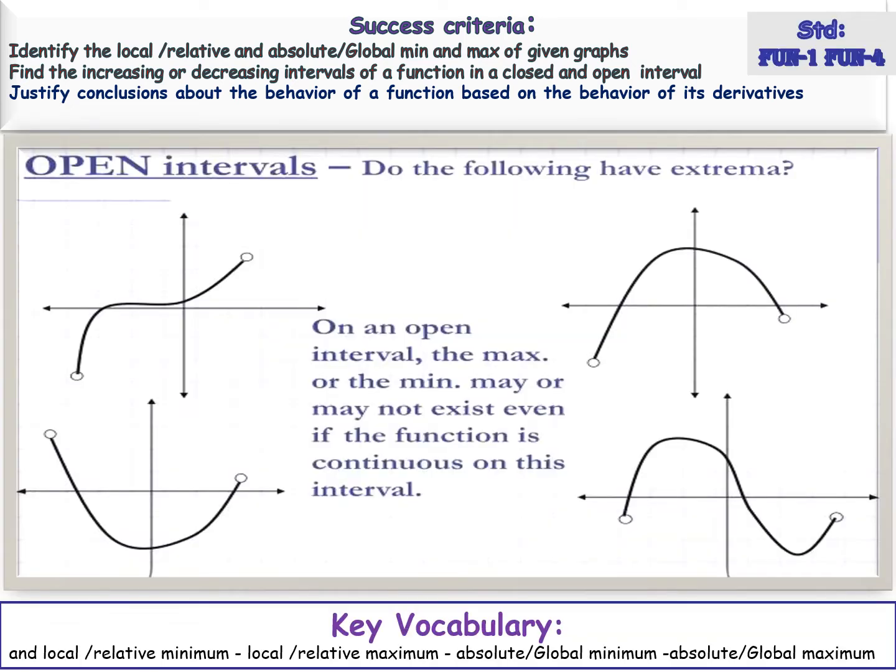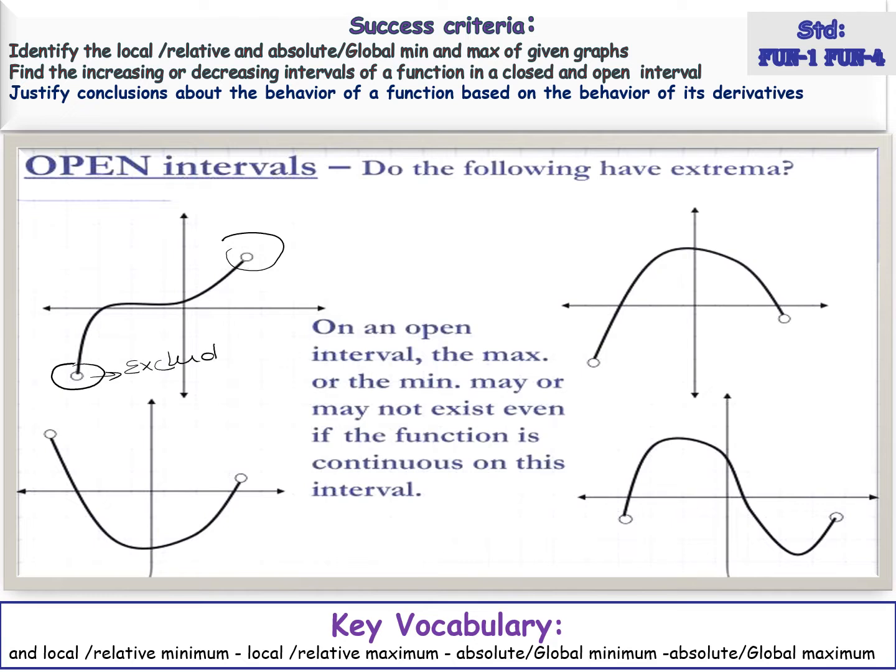Okay, look at the graphs and understand that first of all, identify if it is an open interval or a closed interval. So look at the starting point here and the ending point over here. You can see that the starting point is excluded.